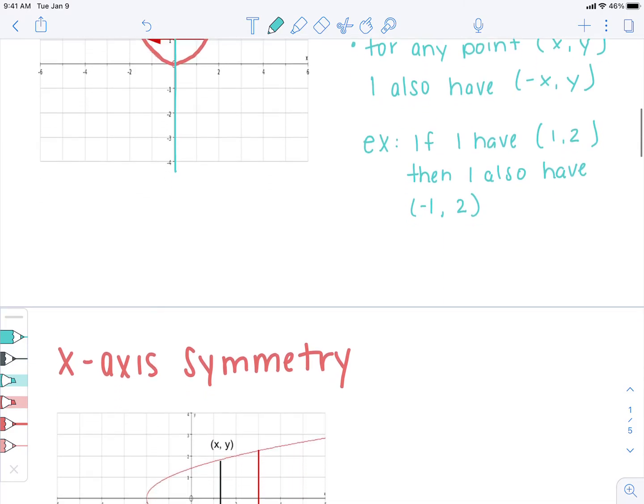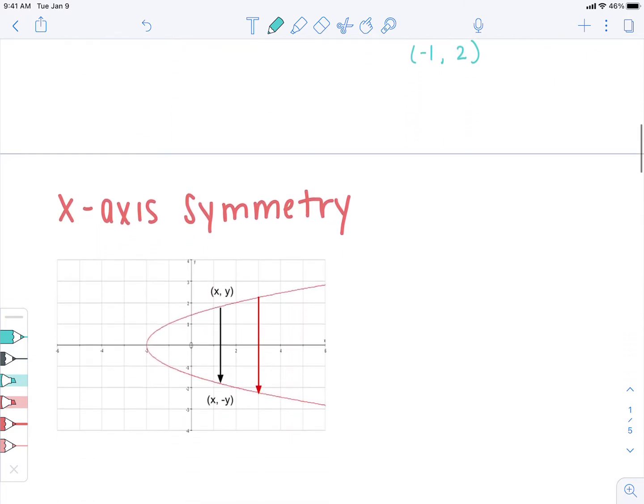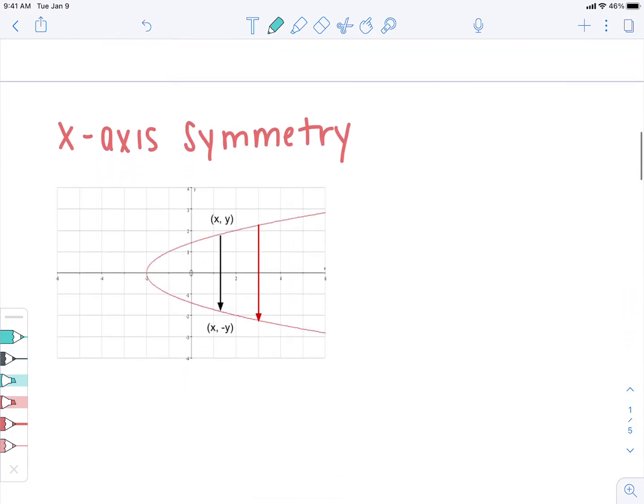If I have x-axis symmetry, that means my x-axis is cutting my graph in half. So if this is my parabola, this time my x-axis cuts it in half.